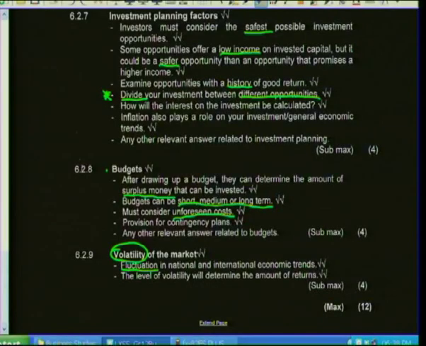Even a few hours later, something can go wrong, and then it drops and you lose all of your money. So we're saying here that fluctuations, this means when there are differences in national and international economic trends, will have an impact on the markets. The level of volatility will determine my amounts of returns.